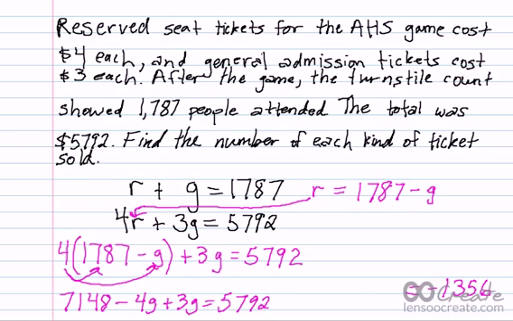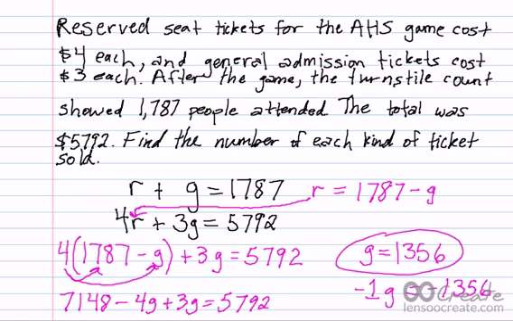That's just negative 1G. Since we're solving for G, we have to divide both sides by negative 1. So whenever I do that, what do I get? G equals positive 1,356.